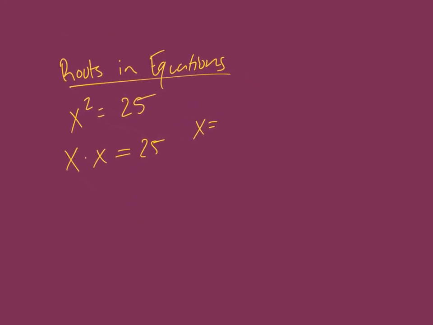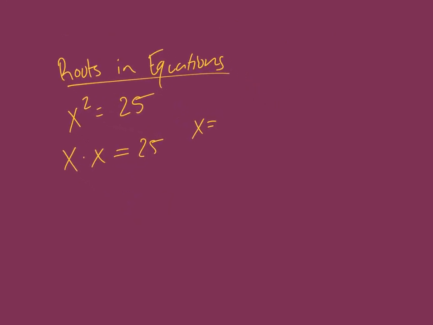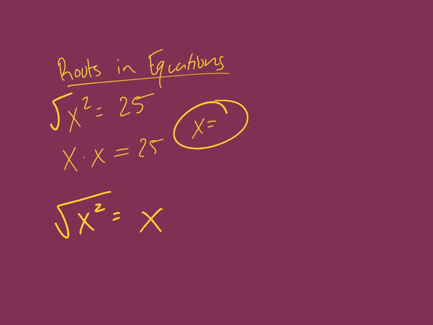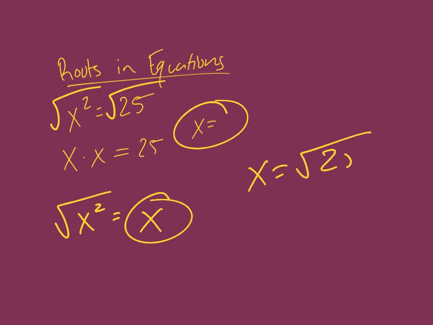The way to use a root in an equation is to say, if I'm solving for x, x is the result of taking the square root of x squared. And if I'm taking the square root of this side in order to get to x, I just need to take the square root of the right side too. So x is equal to the square root of 25.